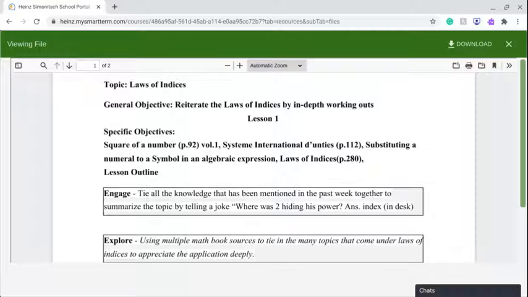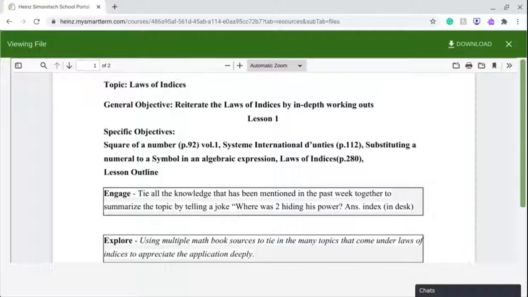All right. This is a very important one. The joke that I made a while ago, I promised not to make any more bad jokes. But what I wanted you to understand is that squared values are an application of laws of indices. Anyone remember that?